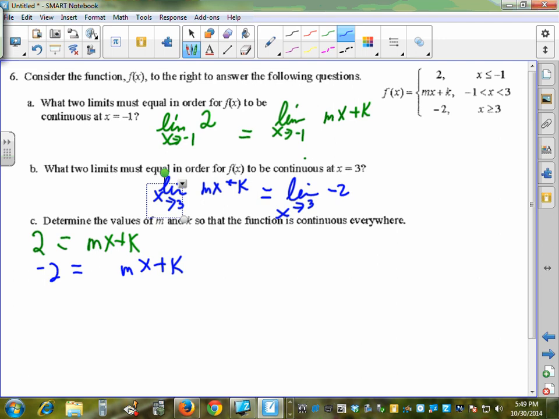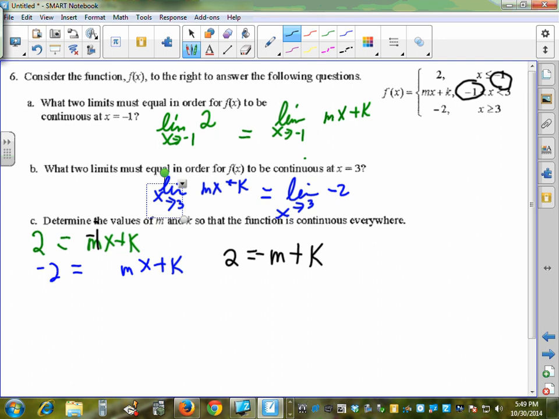All right, if we look at this first at the green one, we notice once again those limits will be approaching -1. So in the green one, I'm going to plug in -1 for x. That'll give me 2 equal to -m plus k, because -1 times m is -m.